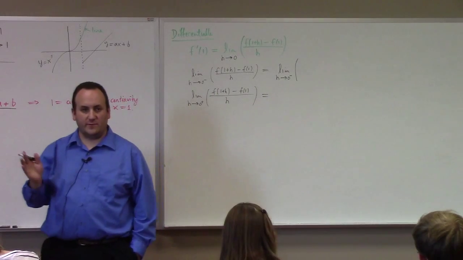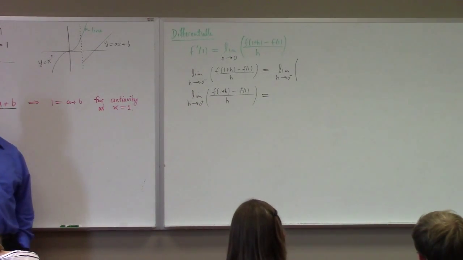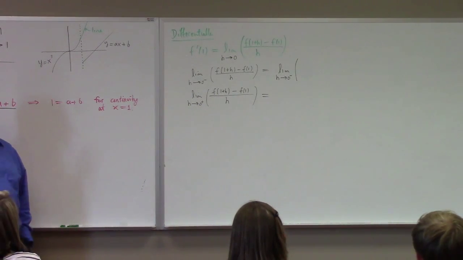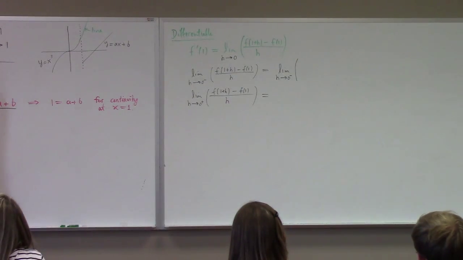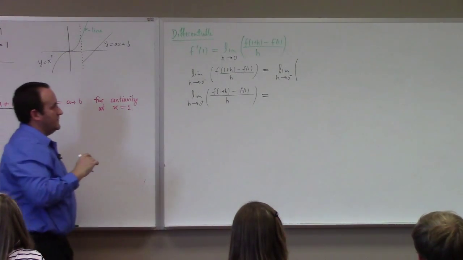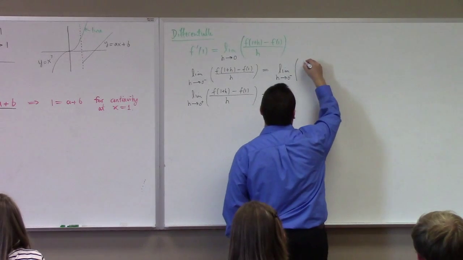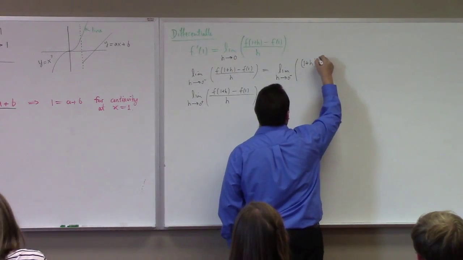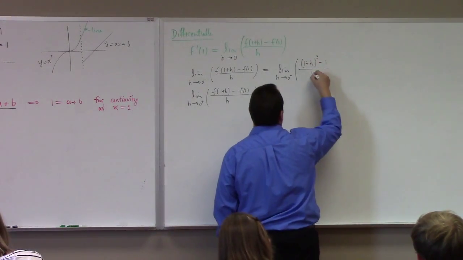The top case where h is negative, right? So 1 plus h is actually a little bit less than 1, which means we're in the x cubed case. So this one would be 1 plus h quantity cubed minus 1 all divided by h.